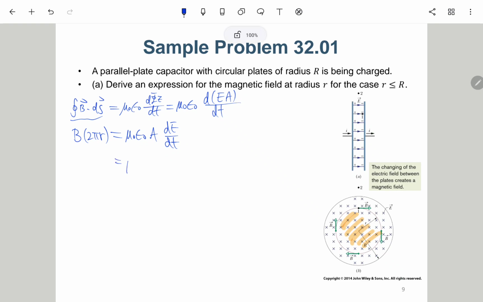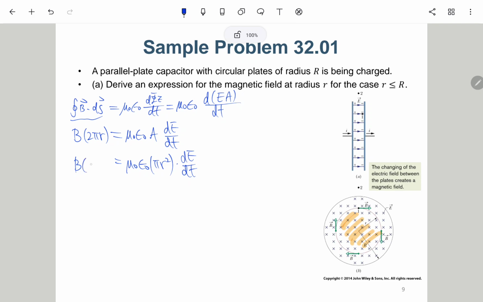A is the cross-section area of a circle, so this is nothing but pi r squared, and then times dE dt.